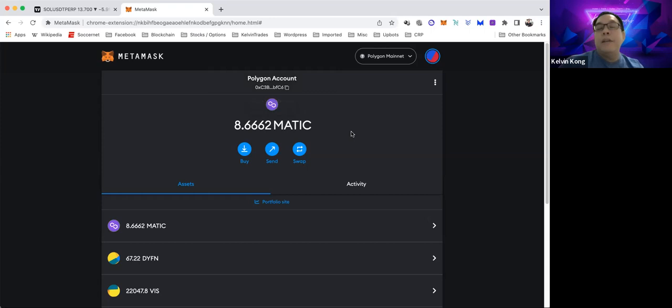Let's say I have Matic, which is Polygon. I bought Matic from somewhere and I want to keep it in the Polygon blockchain. So I will send it to this wallet address instead of the Ethereum blockchain wallet address. You get what I'm saying?